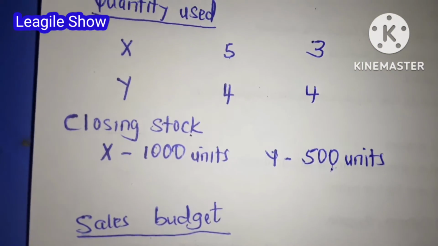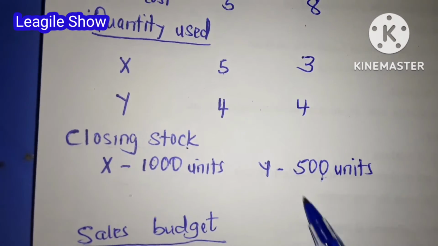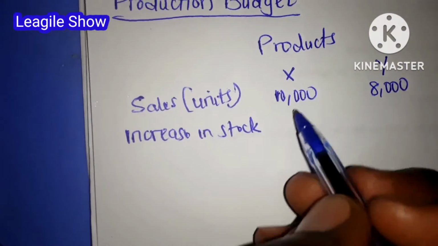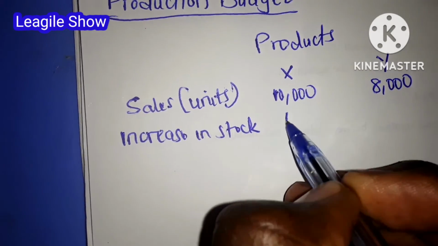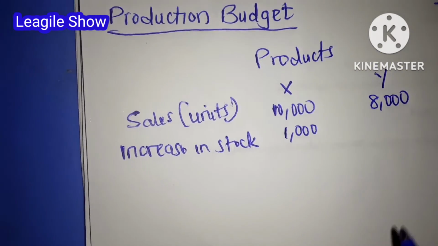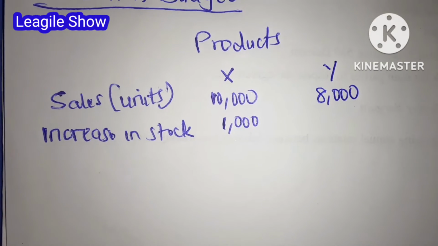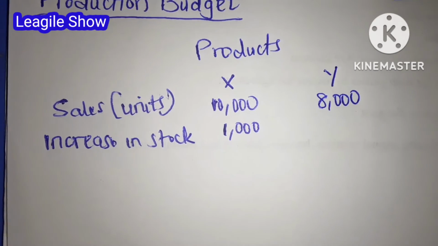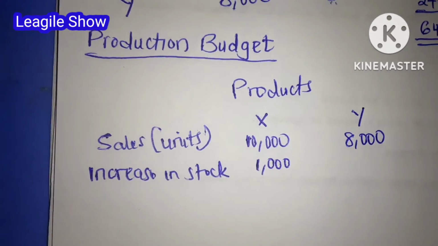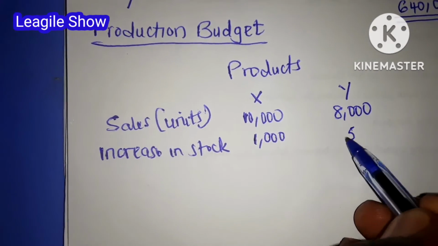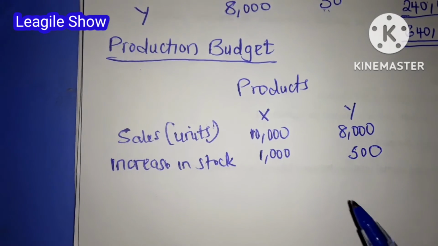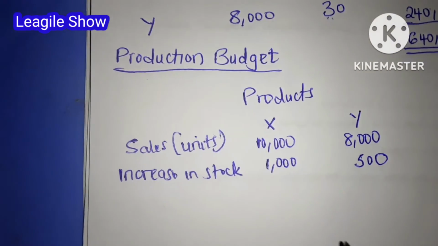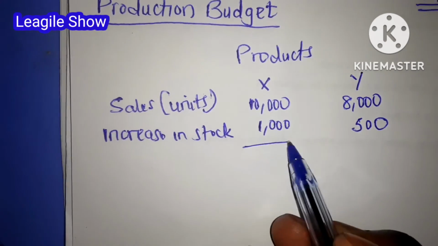Closing stock for X is 1000 and for Y is 500. So we'll add them here. Next time I think we'll have a question which will have those two things, closing stock and opening stock, and we'll see how it is done. Due to the absence of the opening stock, we are just going to add here.